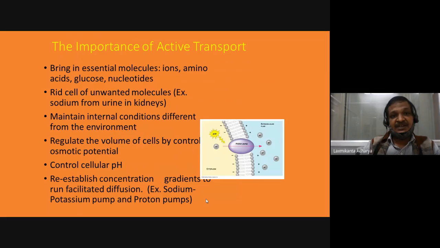What is the importance of this active transport? Through this process, important molecules like ions, amino acids, sugar molecules, and nucleotides can move, and the cell can get rid of unwanted molecules, just like sodium from urine in the kidney.